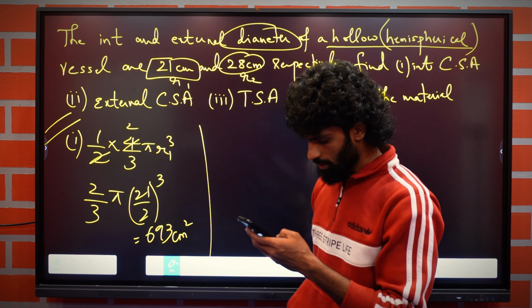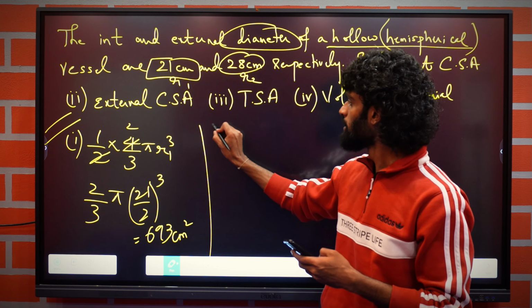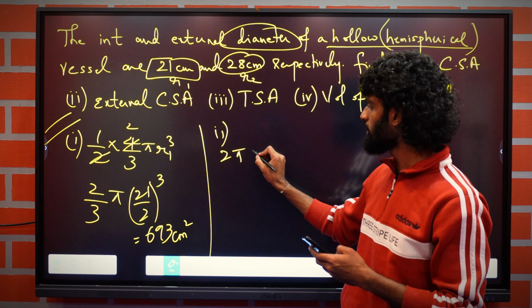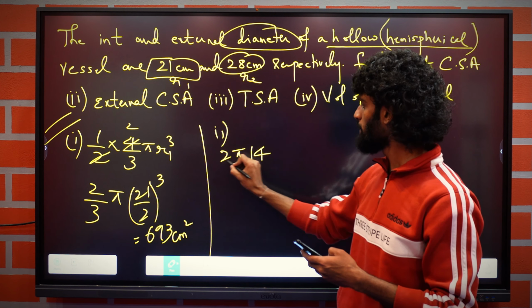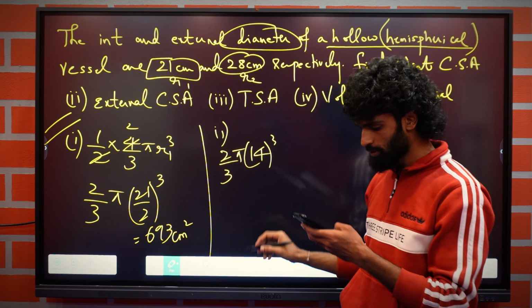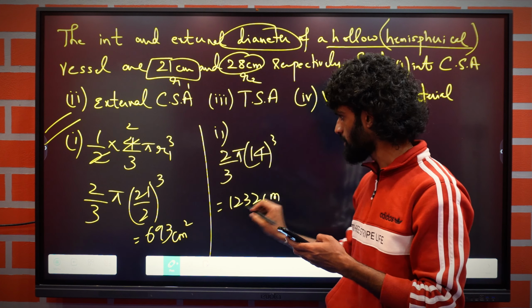Got it? Next. To find external, it will be 2π, 28 by 2 is 14. So it will be 2π/3 into 14 cubed. I'll solve this. It will be 1232 centimeter cube.